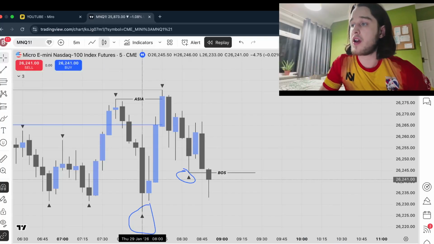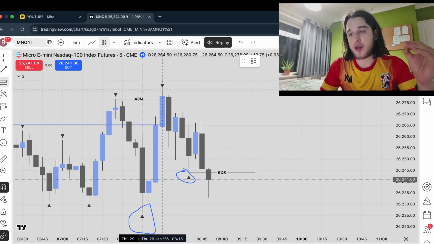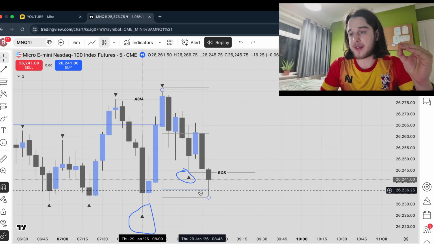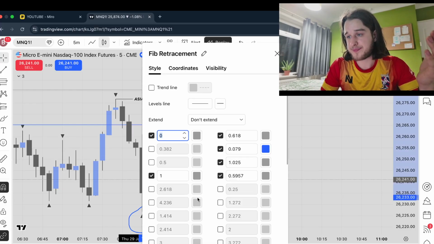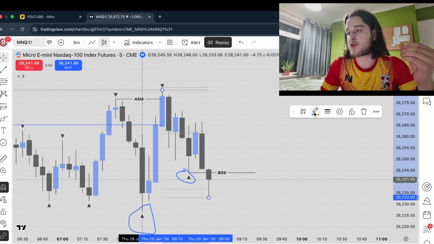Now what we're going to do is use that exact same Fibonacci tool that we used before. And to make things even more simple, you can save these as templates. If you come in here in this little drag down menu, you could save this as a template.